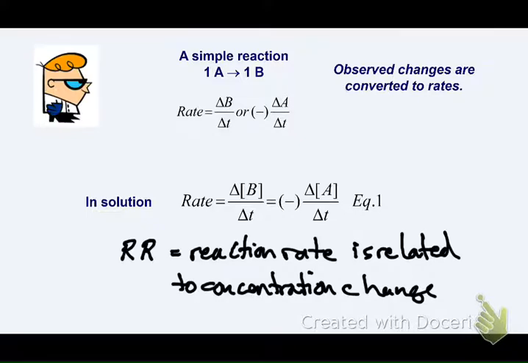So this is supposed to be reaction rate, not just rate. I kind of screwed that up. So put another R there.